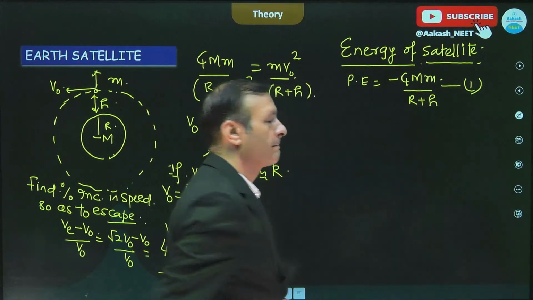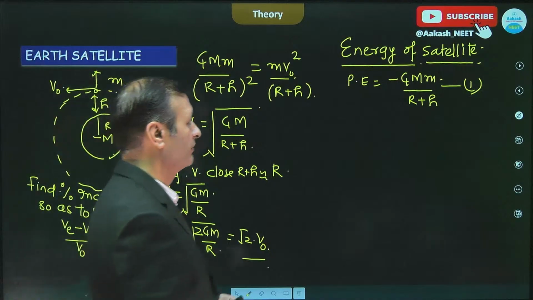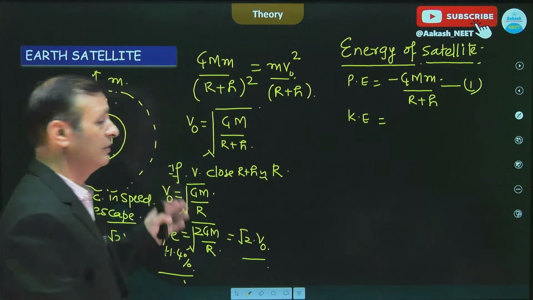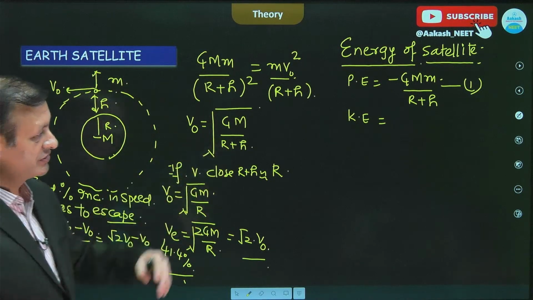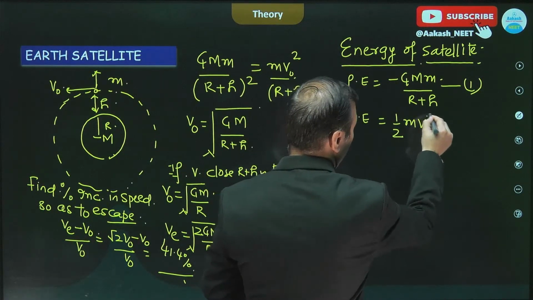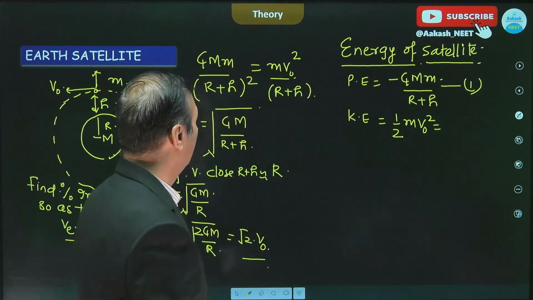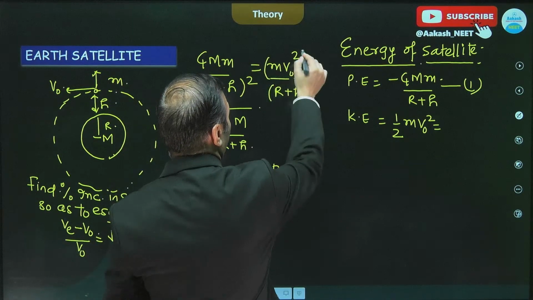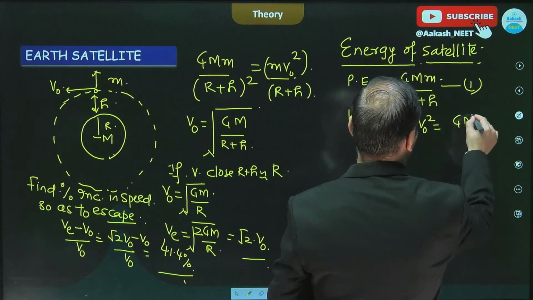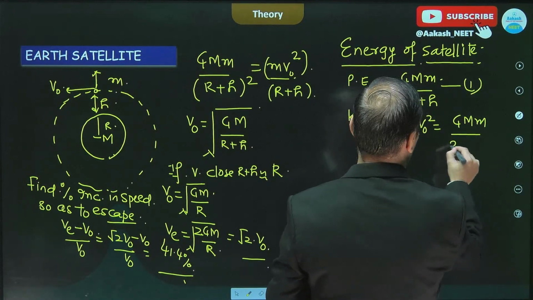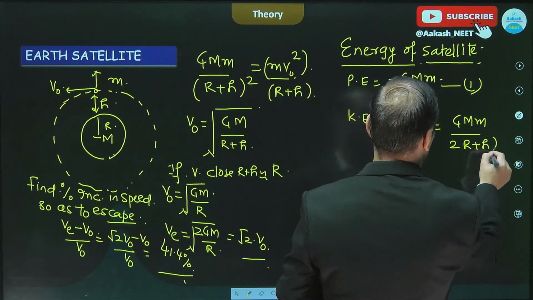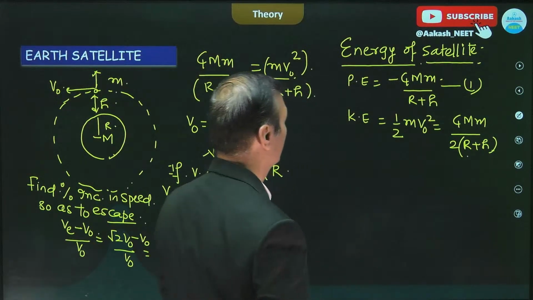And since this satellite is in motion with some orbital speed, its kinetic energy is half m v naught square, which gives GMm upon 2 times (R plus h).